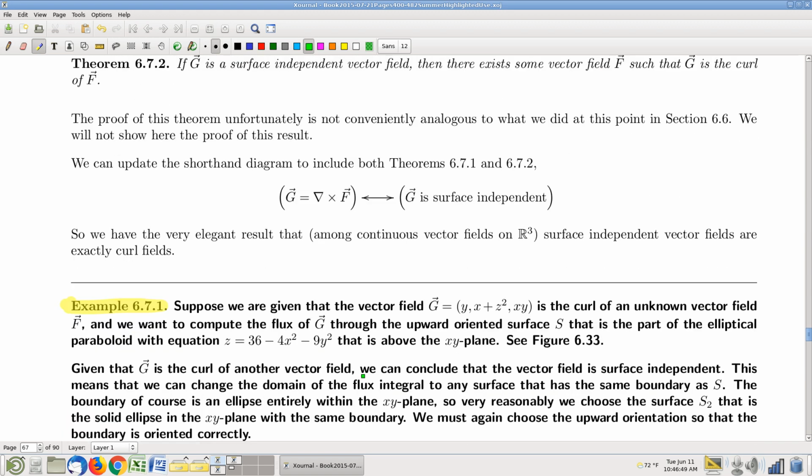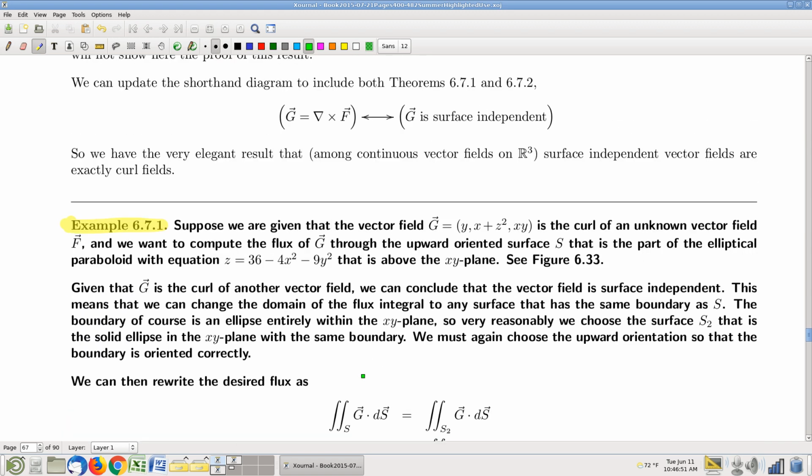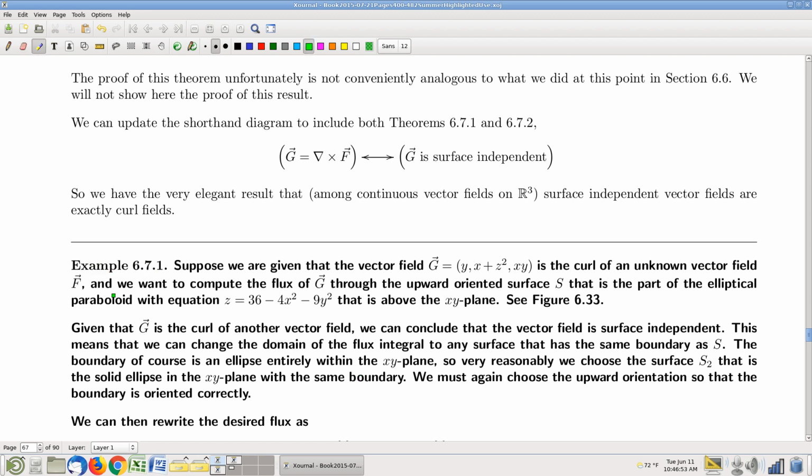Let me show you an application. Let's suppose that we are given a vector field, and we want to compute a flux through a certain surface. Now again, as always, you could certainly plug and chug.